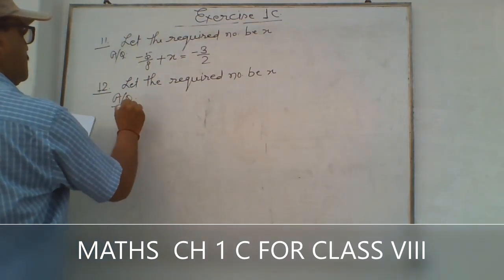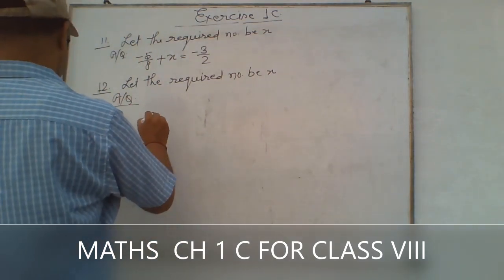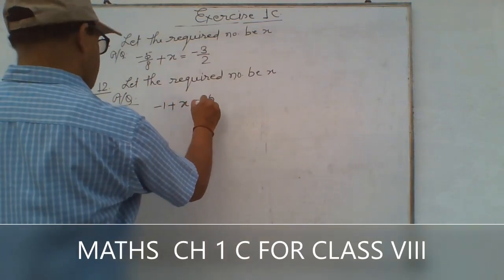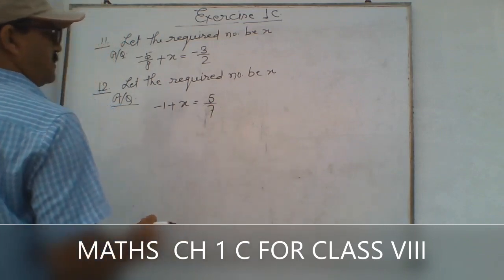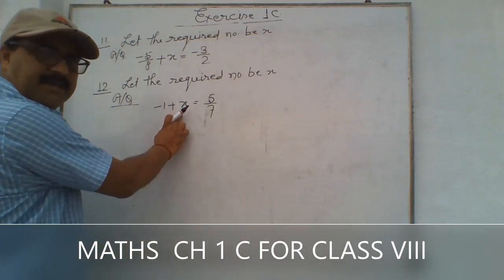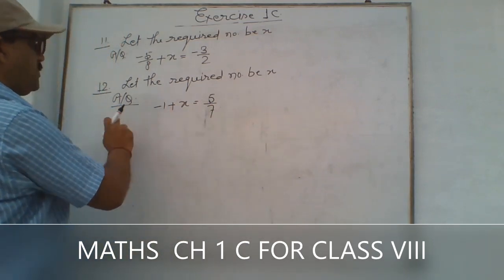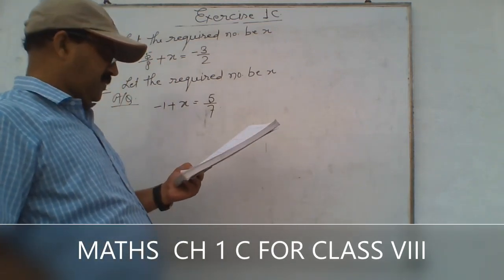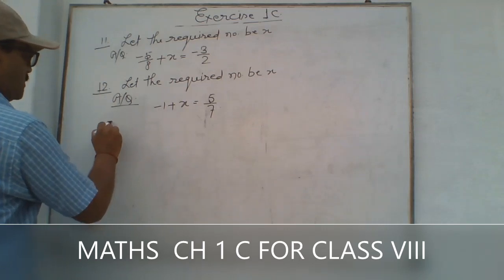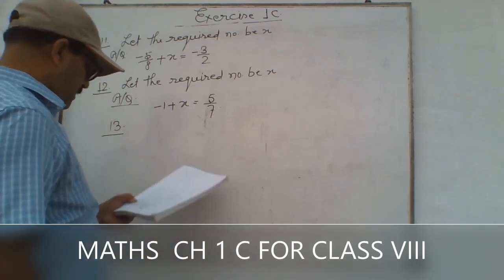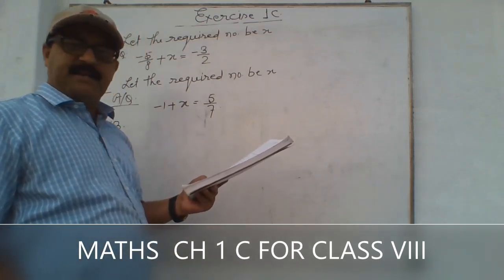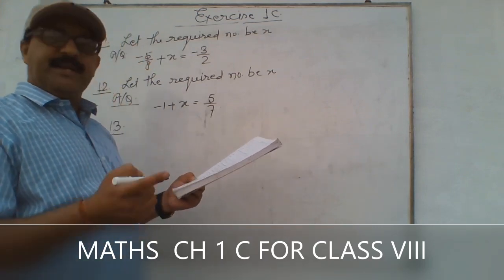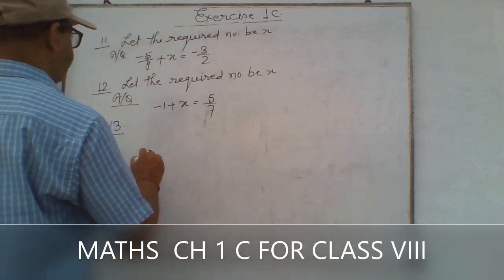According to the question, minus 1 plus x is equal to 5 by 7. Find the value of x, you will get your answer. You will solve all these questions. And question number 13, what number should be subtracted from minus 2 by 3 to get minus 1 by 6?